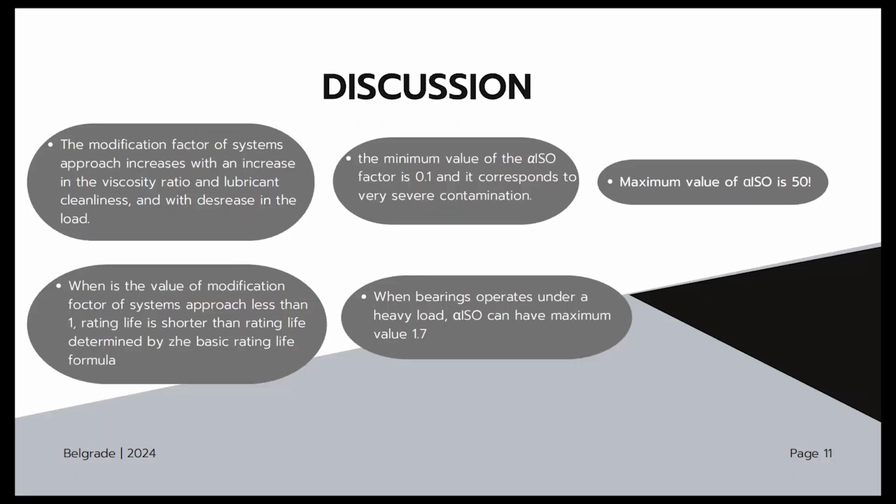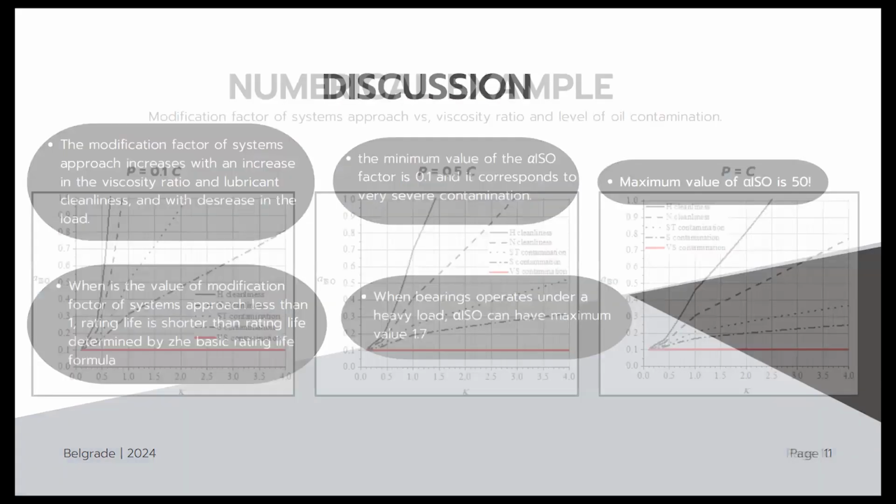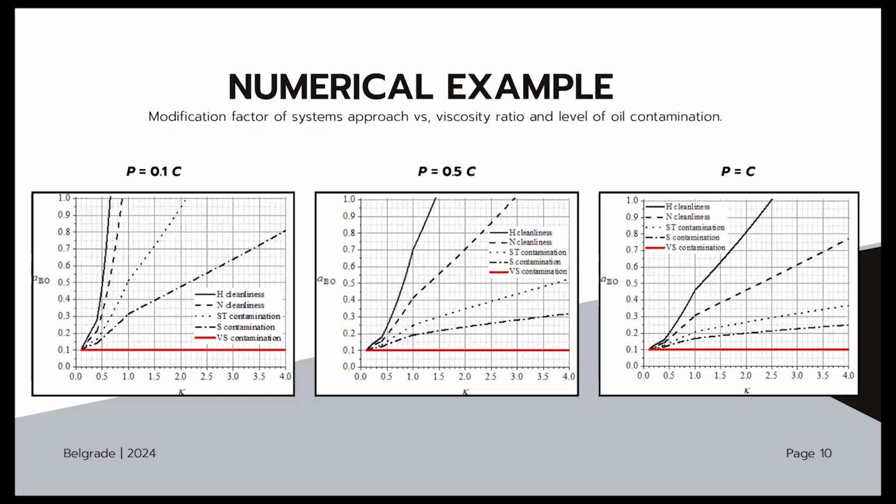In order to be quick, I will just read some main results from these previous diagrams. The modification factor of the systems approach increases with an increase in the viscosity ratio and lubricant cleanliness, and with a decrease in the load. The minimum value is 0.1, as I already said, but the maximum value on that first diagram is not shown.